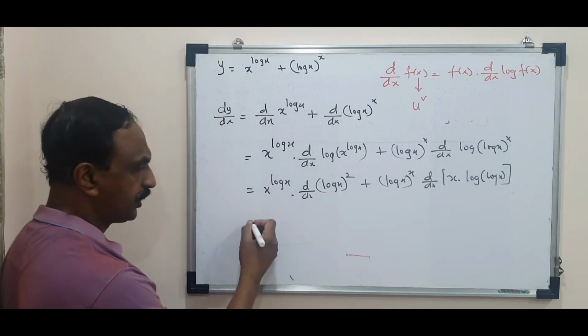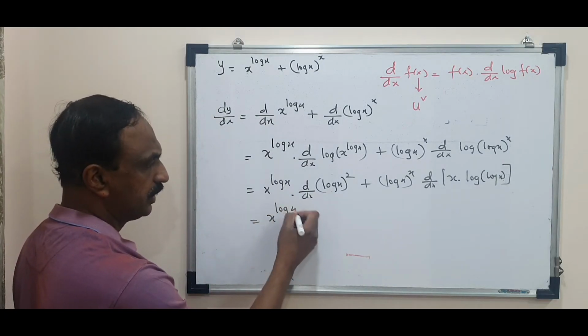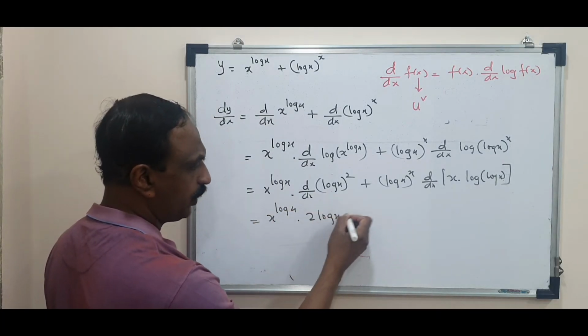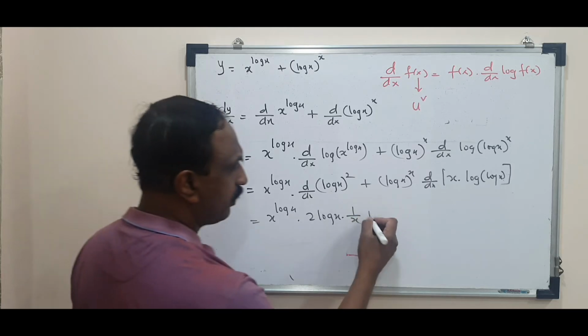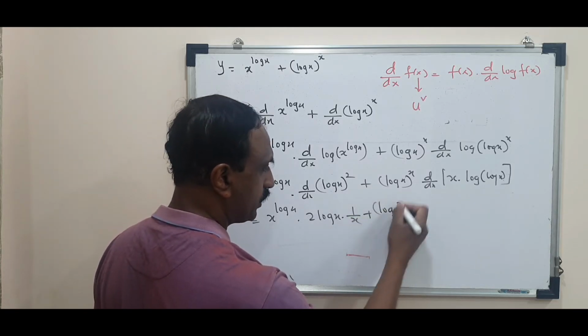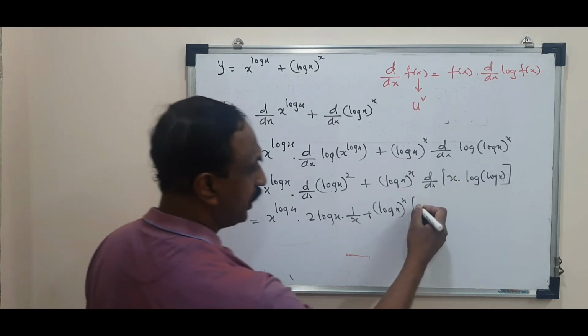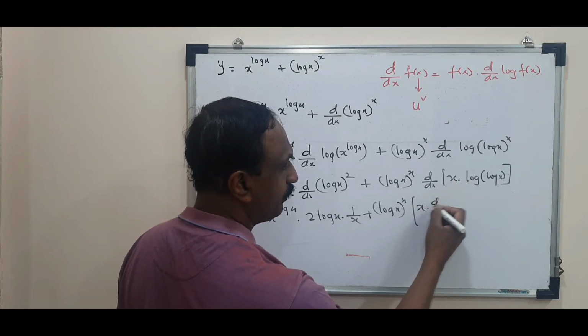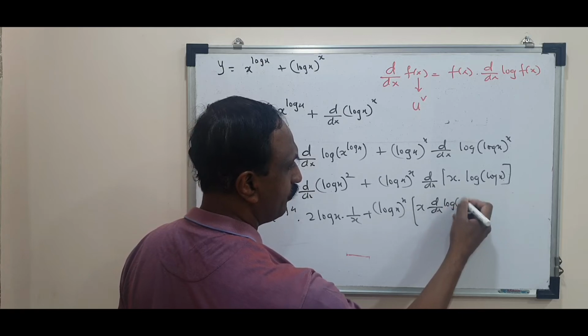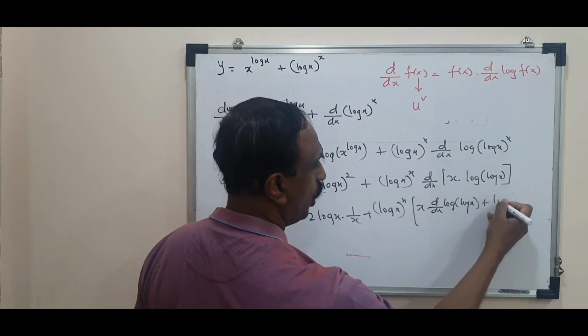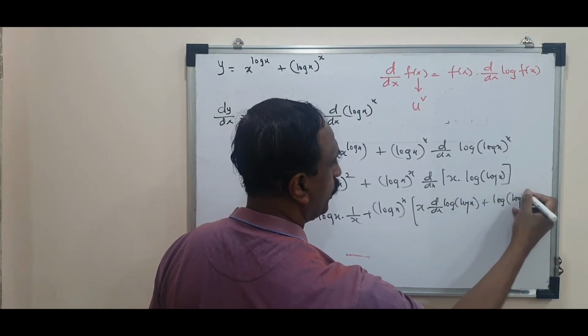Now we can apply the derivative, and x raised to log x into 2 log x into derivative of log x. Here will be log x raised to x. Now derivative of x log log x, product rule: x into derivative of log log x plus log of log x into derivative of x.